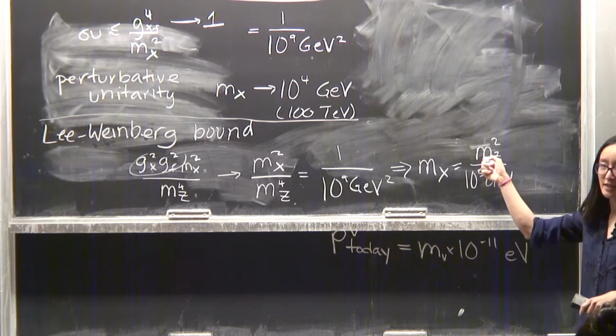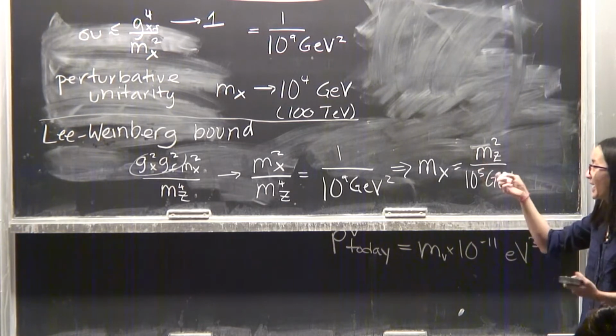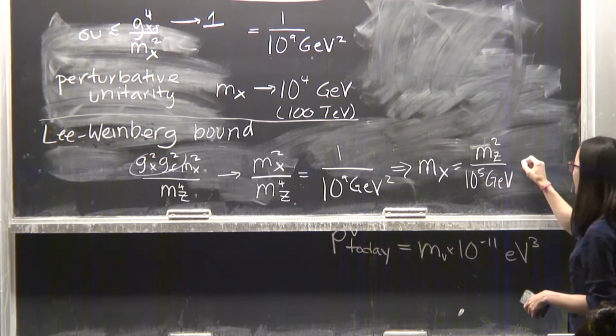And since this is about 100 GeV, when I divide these two, I'm going to get an order 1 number times GeV.